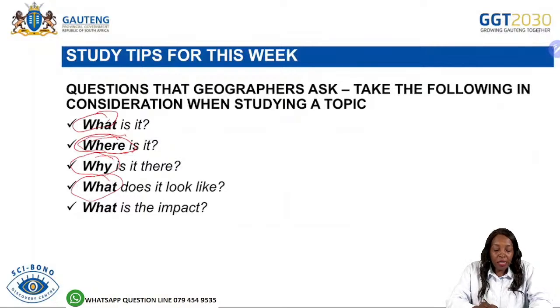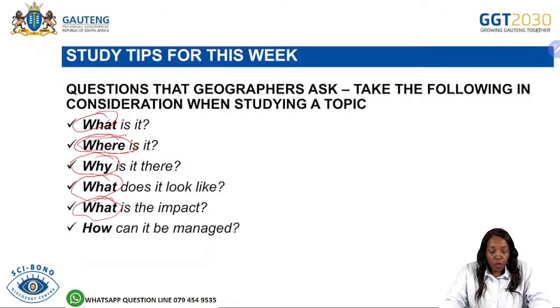And then what impact are these aspects having on our weather, as we are going to look at the impact of the South Atlantic high pressure cells on our weather. And then we're also going to look at how it can be managed.